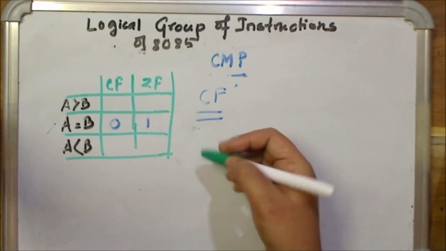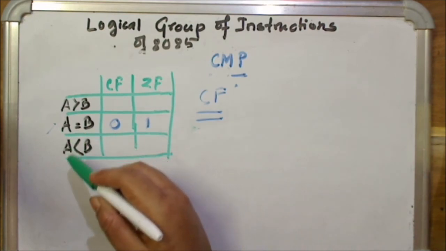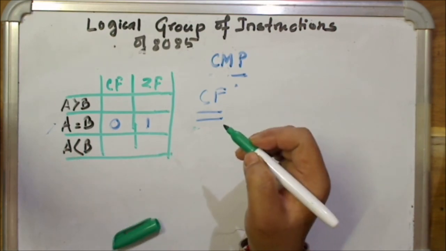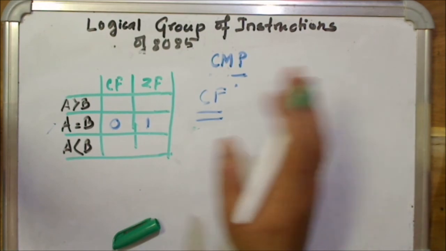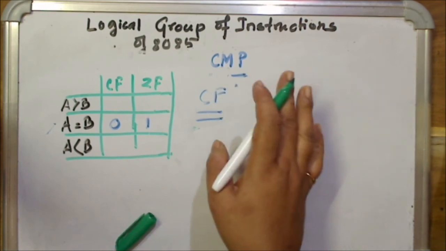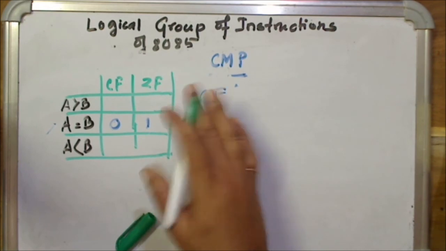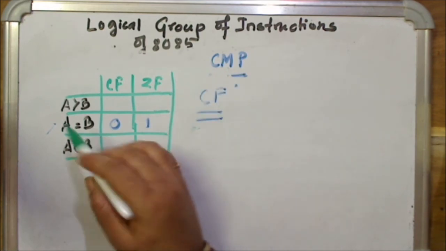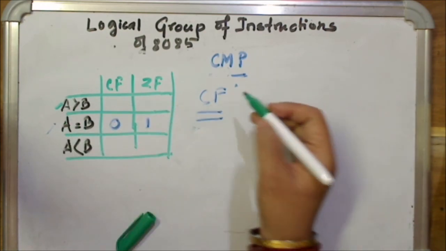For now, just understand that for the greater and smaller number, you just have to check the carry flag. If the sign flag comes into the picture, then I have to make you clear the signed and unsigned numbers. That is a different topic. I hope sir has cleared you about signed and unsigned numbers, so I'll not go over that.